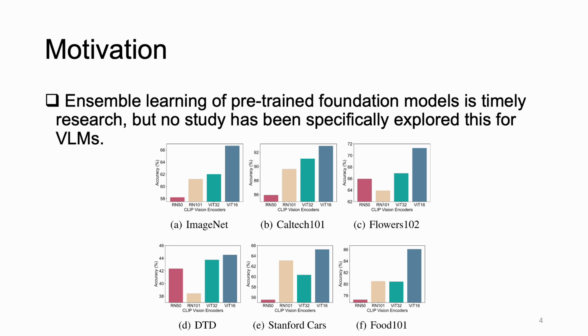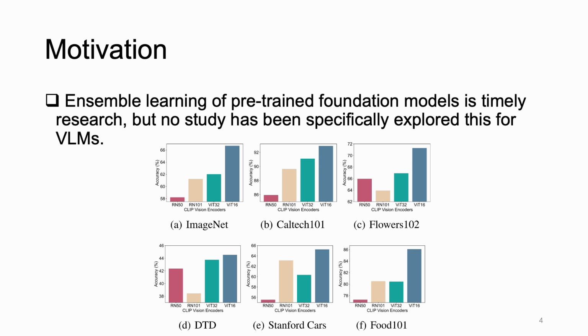As we want to apply ensemble learning for generalized vision language models, we mainly focus on four CLIP models, namely ResNet 50, ResNet 101, ViT-B/32, and ViT-B/16. We leverage these four models to do the ensemble learning.